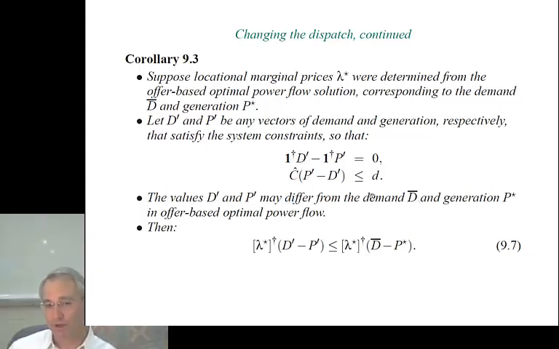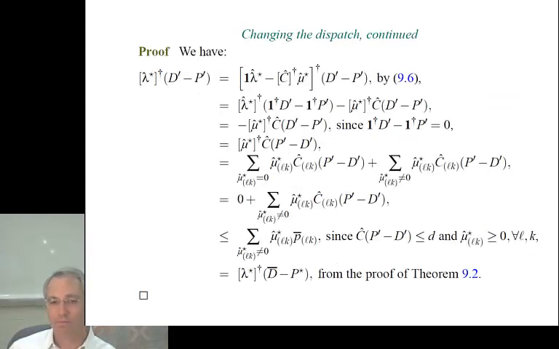D prime could differ from D overline, P prime could differ from P star. But nevertheless, I claim that the congestion rent under D prime P prime using prices lambda star would be less than or equal to the congestion rent under D overline and P star, where lambda star is the price corresponding to that optimal dispatch P star.